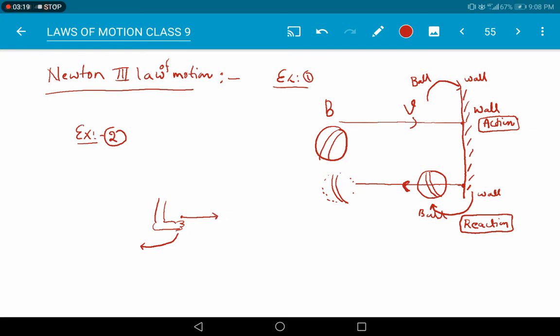If you observe, you can see the action and reaction pair. As you are pushing the ground under your feet backward, in the same way the ground pushes you forward. What is action in this case? The force exerted by you on the ground is action, and the force exerted by the ground on your feet is reaction.